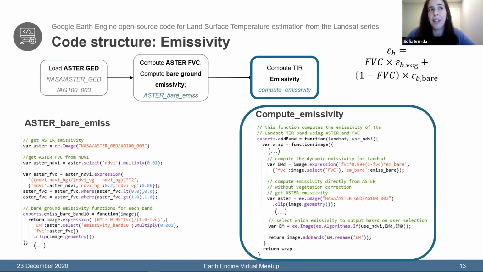But it actually seems from our quality assessment that using 0.99 works better. But if you find that you don't have good enough values over the area you're studying, this is something you can always change in the code, obviously. One of the benefits of having the code fully available on the Google Earth Engine is that you can change anything that you need for your application.